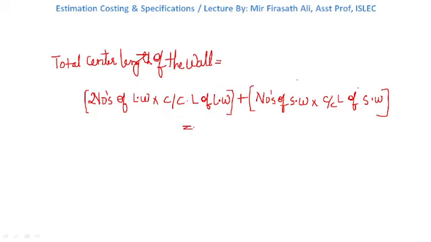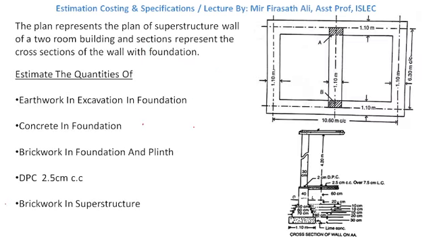Now, let us see one numerical example on solving this method of building estimate using the center line method. The same type of question we have already solved in methods of building estimate, but that method was the long wall and short wall method, also called the separate or individual wall method.